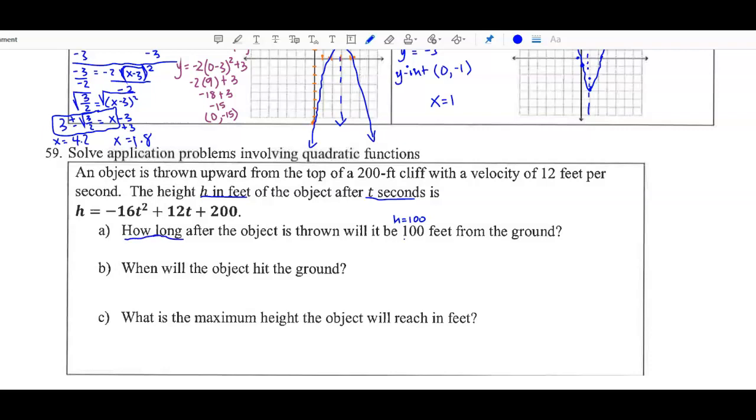Let's put 100 in place of our h. That gives us 100 equals -16t squared plus 12t plus 200. And then in order to solve this, we're going to need to subtract the 100 over.